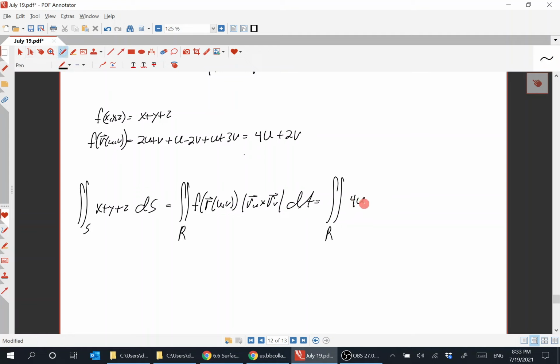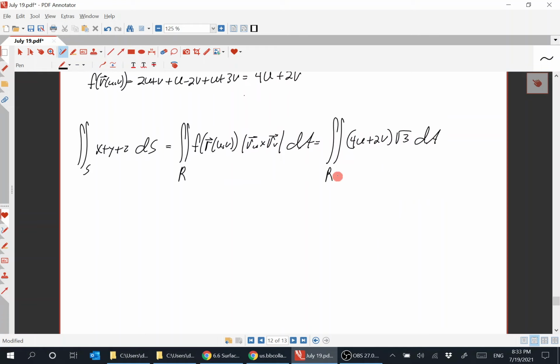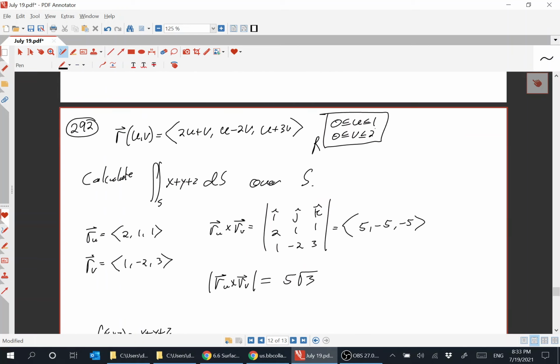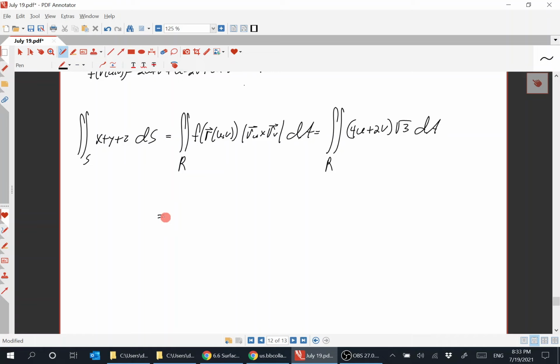So this is 4u plus 2v times this one, which was the square root of 3, dA. And what was R? R was the rectangle, u goes from 0 to 1, v goes from 0 to 2, right here. So this is the iterated integral, u from 0 to 1, v from 0 to 2. I'll bring that square root of 3 out front. 4u plus 2v du dv.